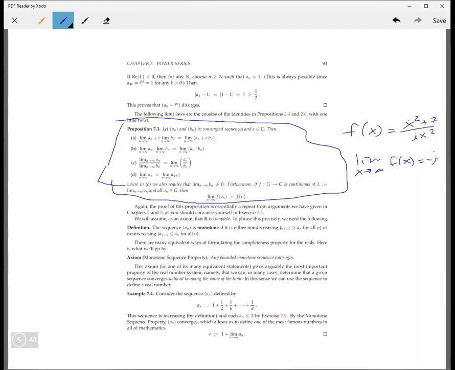Or negative i. So that means that the limit as n goes to infinity of n squared plus 7 over i n squared, that's going to be negative i. Okay. So if you have the x's here, and you're taking the limit as x goes to infinity, you can replace the x's with n's, and you're going to have the same limit either way. That's all that last part is saying right there. So that's if your f is continuous. Okay, if your f is continuous, then that's how that works.